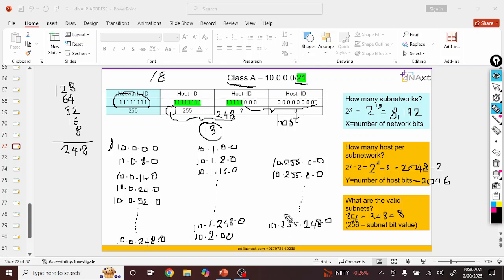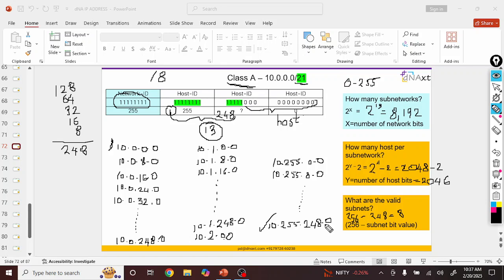An increment of 1 is also not possible in the second octet, because in both cases we'll get the number 256, which is not valid, because our range lies between 0 to 255. We have 8 bits in each octet, so our range lies between 0 to 255, and hence this is our last subnetwork. Okay, this is the network ID of our last subnetwork.